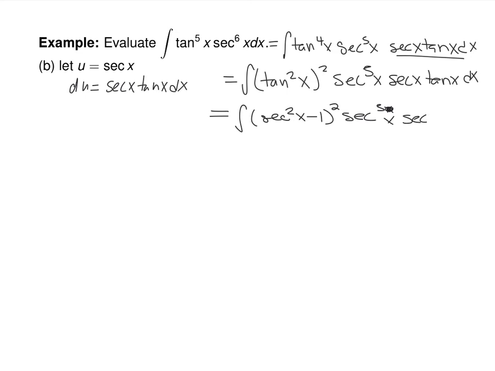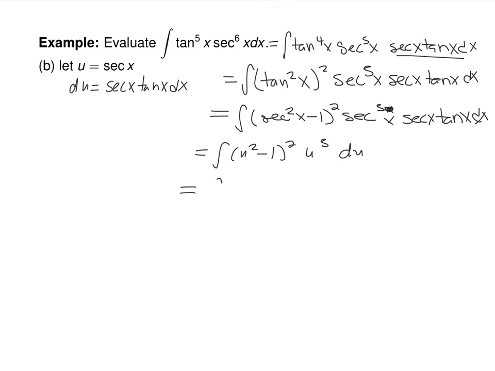Times secant x tan x dx. So making our substitution, that becomes the integral of (u squared minus 1), the quantity squared, times u to the fifth du.